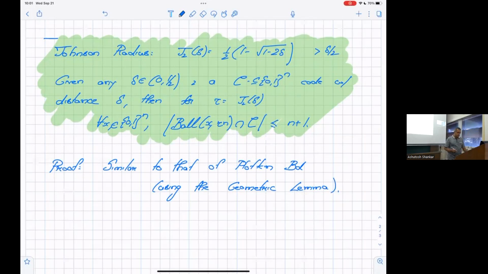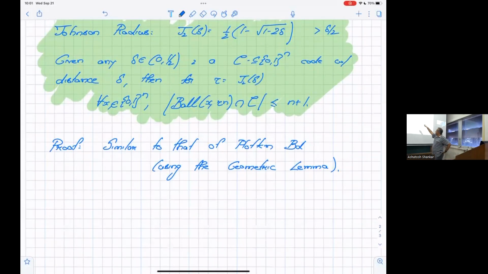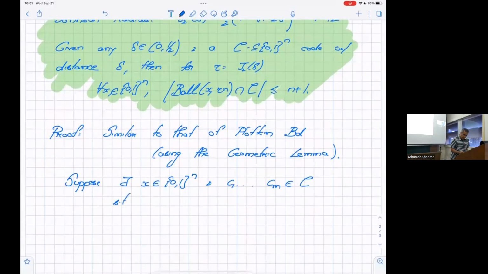So what is it again? Suppose we want to put a bound on this. Let's suppose there exists some word x in {0,1}^n, and C1, C2, ..., Cm belonging to the code such that each Ci belongs to the ball, that is, the distance between Ci and x is less than tau for all i.